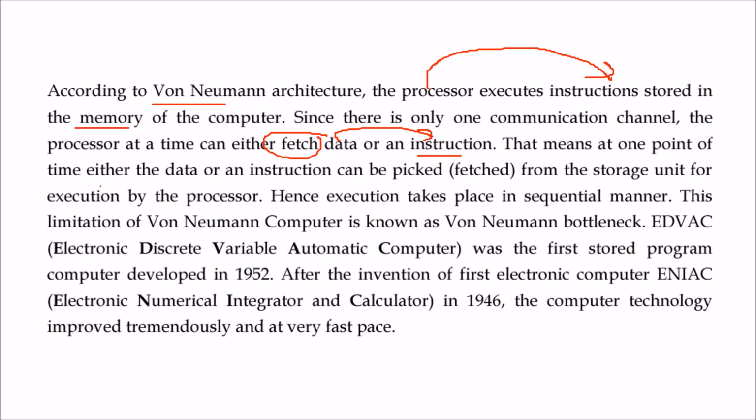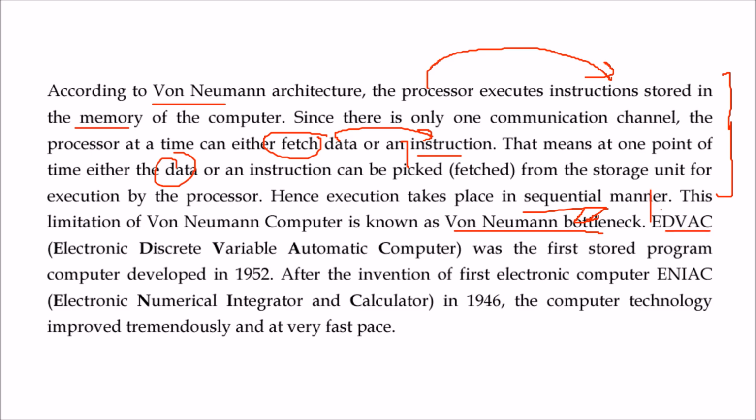So at one time either the data can be picked or the instruction can be taken up. So it was sequential in nature, and this limitation was called the von Neumann bottleneck. We will not talk about this bottleneck. Actually this gave birth to various new inventions, but what he made is incomparable. It was delightful. It is what we are using now.